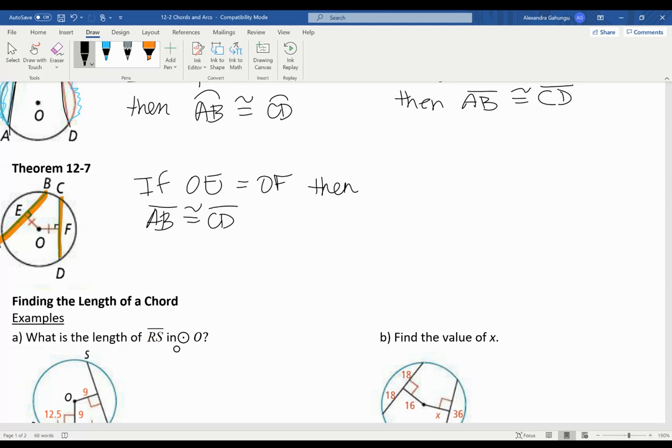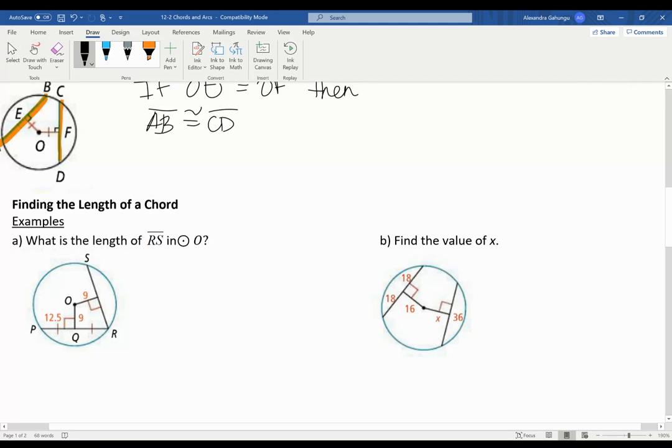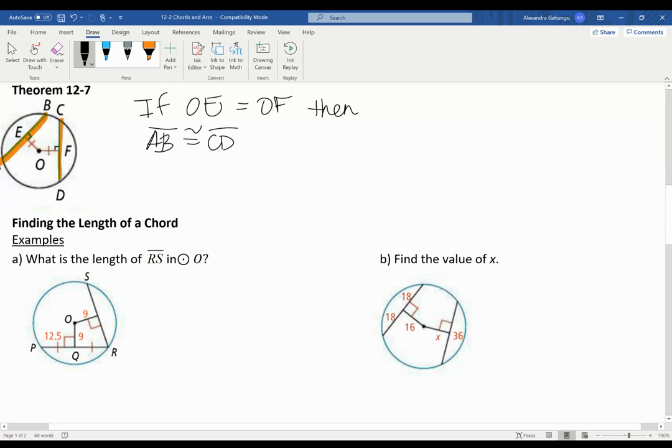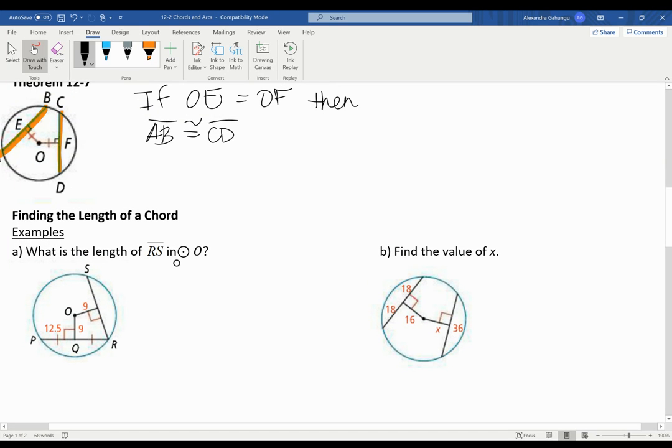And our two examples relate to that theorem. So what's the length of RS in circle O? So RS is a chord here. And is it equidistant? So is it the same distance away from our center? We can check that it is. It's 9 units away, and that one's 9 units away.